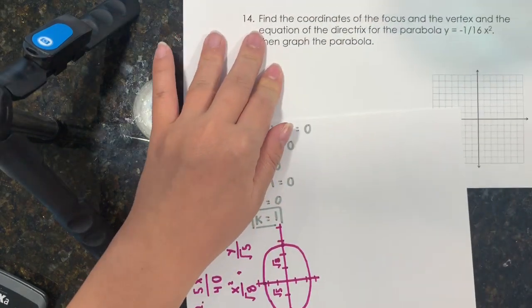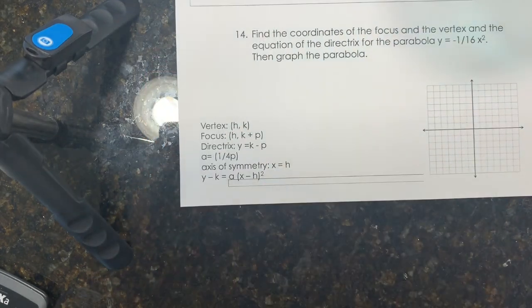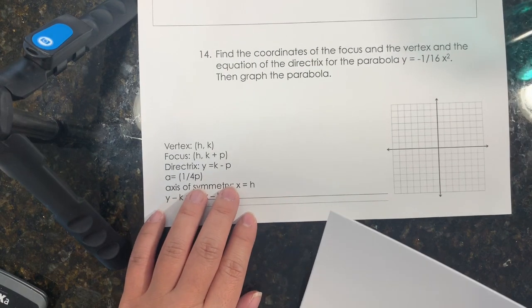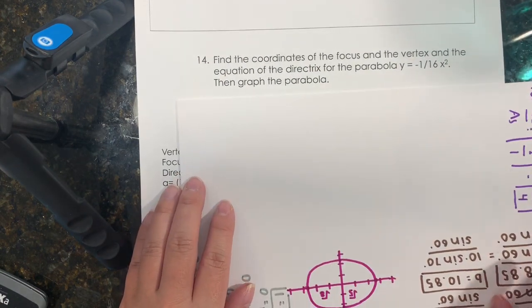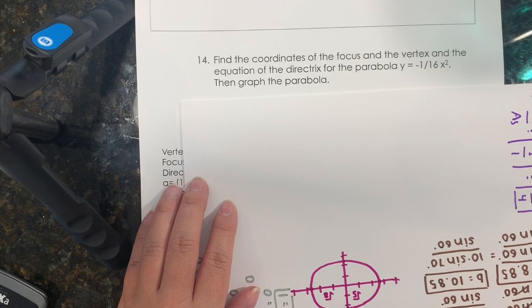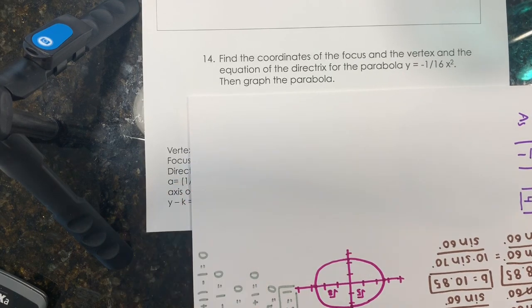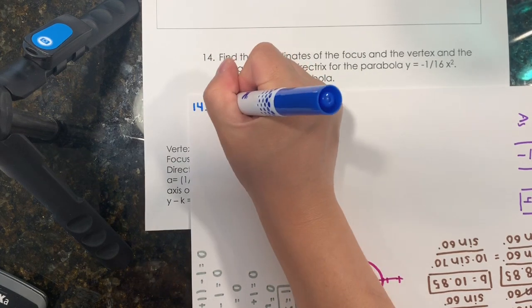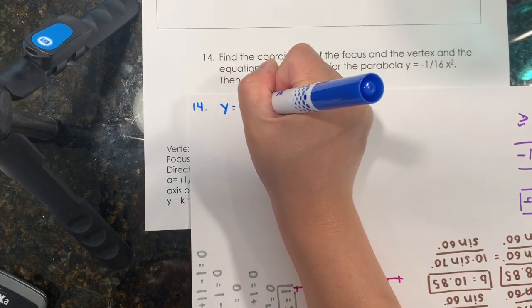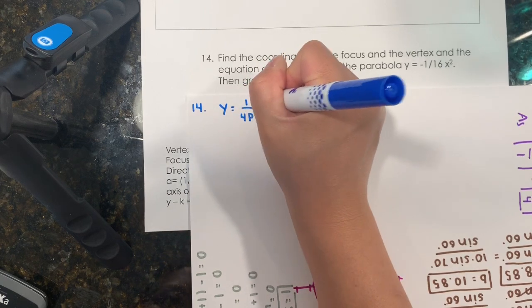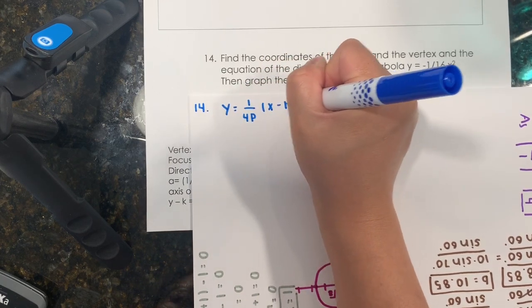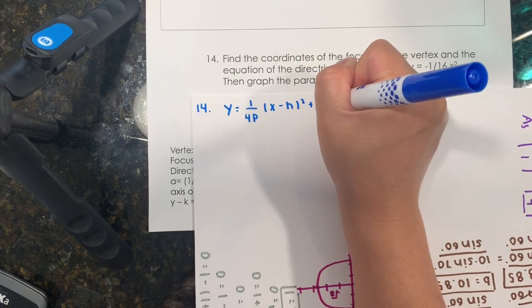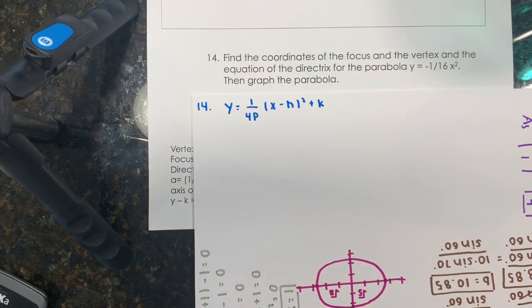Now looking at number 14, I find the coordinates of the focus and the vertex and the equation of the directrix for the parabola y equals negative 1 over 16 x squared. So for number 14, I know that the equation of the parabola is y is equal to 1 over 4p times x minus h squared plus k. Well, the h and the k are actually going to be the coordinates of my vertex.